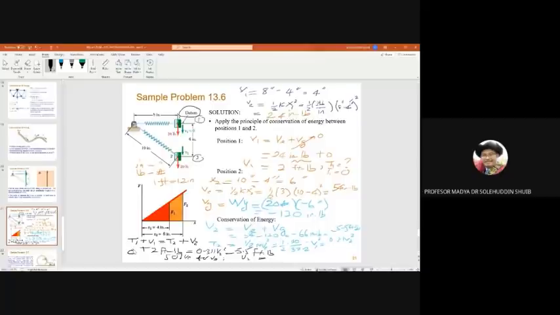So what do you get for V2? You get plus minus 4.91 foot per second. So which direction? Going up or going down? The velocity of 2, of course, is going down, right?